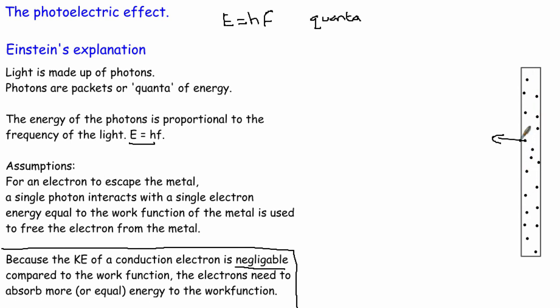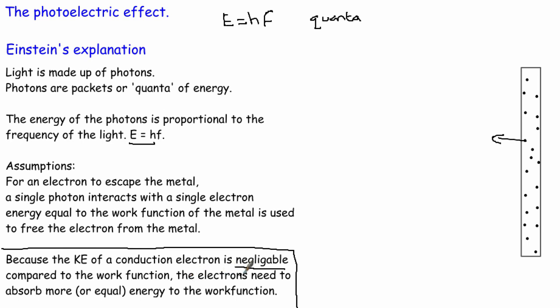So you might think, well, if this thing's warm enough, then the kinetic energy would be enough to overcome the work function. But at room temperature, that's not the case. We don't really have to think about the kinetic energy of these conduction electrons, because the kinetic energy of a conduction electron is really, really small compared to the work function at room temperature.